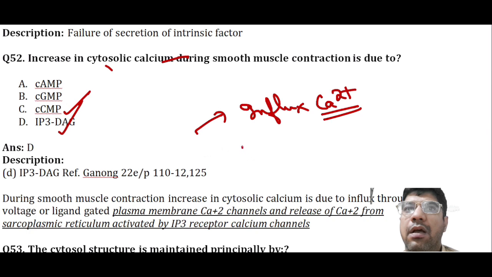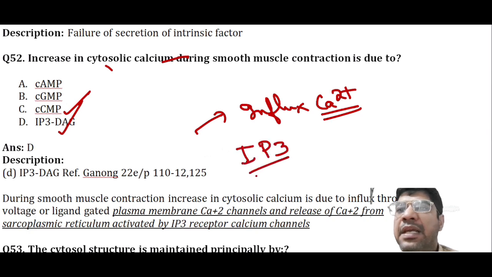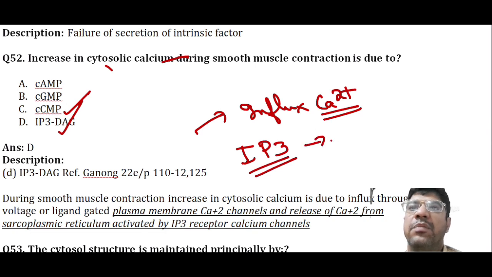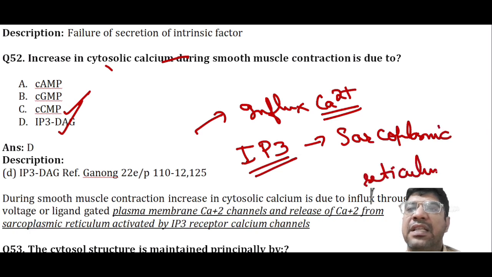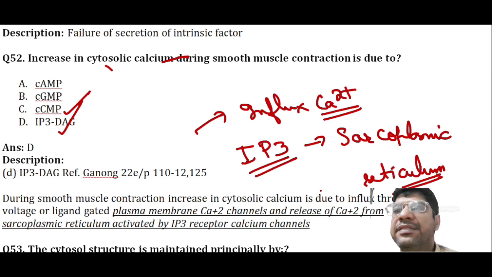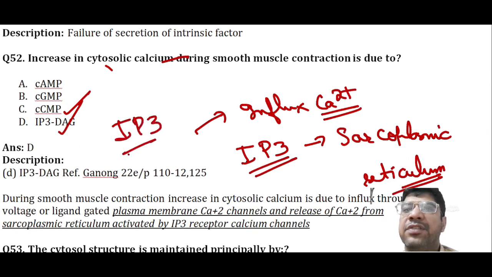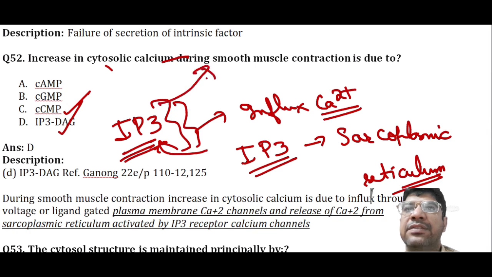Inositol phosphate is a signaling molecule that triggers the release of calcium from the sarcoplasmic reticulum, which is a storage site for calcium within the cell. This release is facilitated by IP3 receptors present on the sarcoplasmic reticulum. So they play a role in signaling the release of calcium from the internal stores, which occurs during smooth muscle contraction.